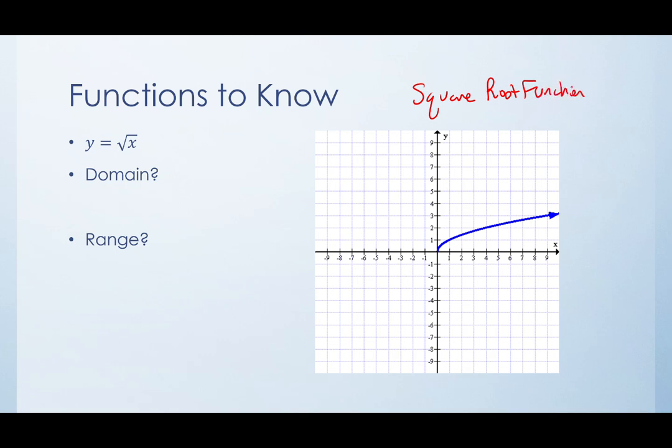Now this one finally has a domain that's a little bit different, right? Because we can't take the square root of a negative number without introducing imaginary numbers. So our domain, we're going to start at 0, and it's okay to take the square root of 0. So that's included, and it's going to go out to infinity, but no negative numbers.